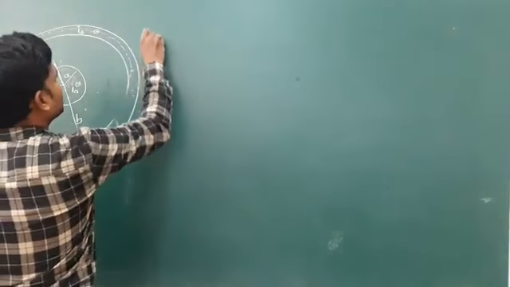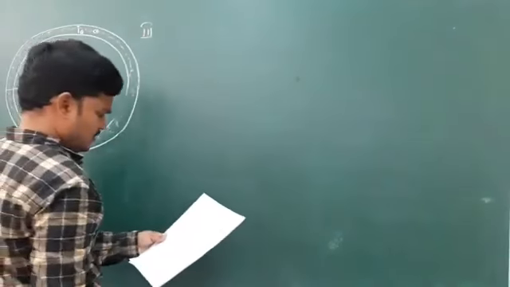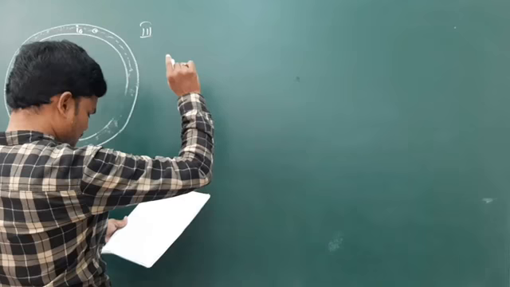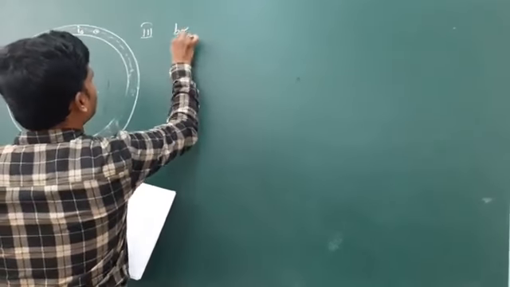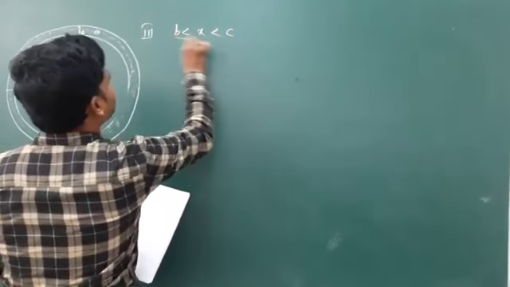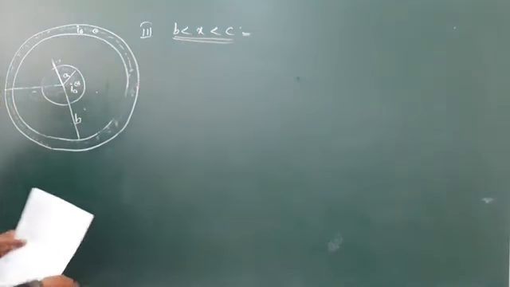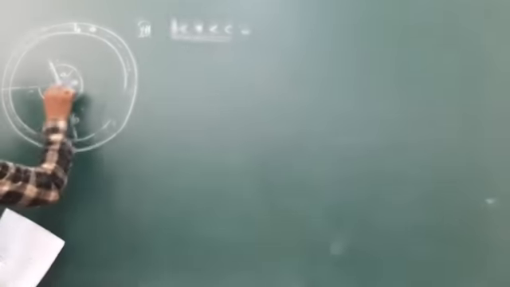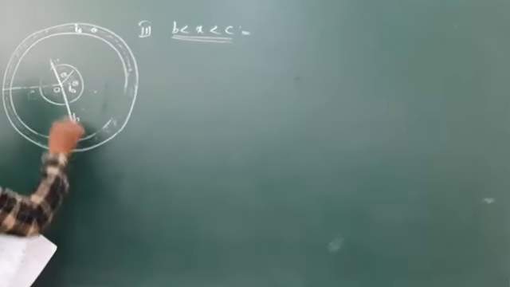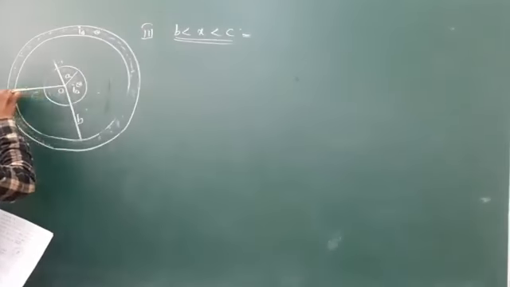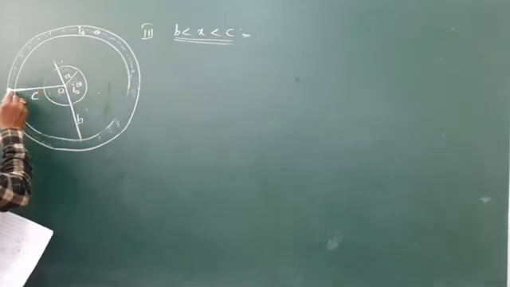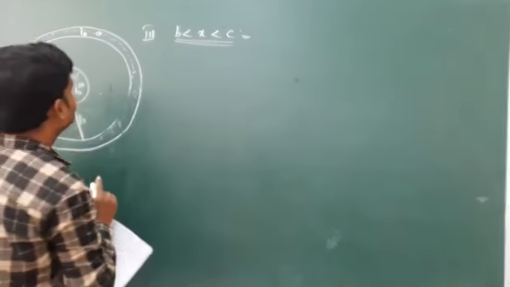The third one is b less than x less than c. So x is in between b and c. So from here to here, if O is the center, this is b and this is c. The x value lies in between c and b.